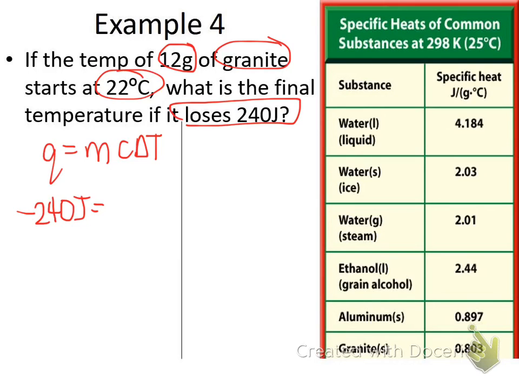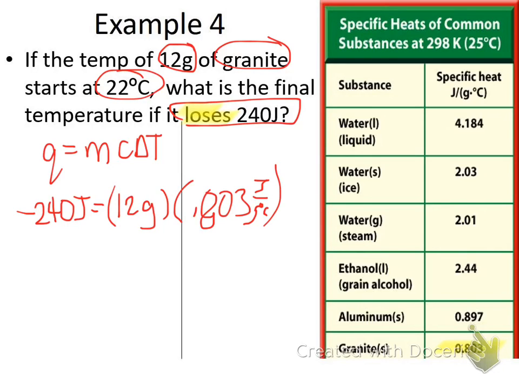And the reason we know it's negative is because of this word loses, which implies that it is a decrease or a loss of 240 joules. Our mass is still going to be 12 grams. Our specific heat is going to be coming from this chart here, and we're looking specifically for granite. So it's 0.803 joules per gram degree Celsius. And the delta T here, I'm going to go ahead and leave as a variable.